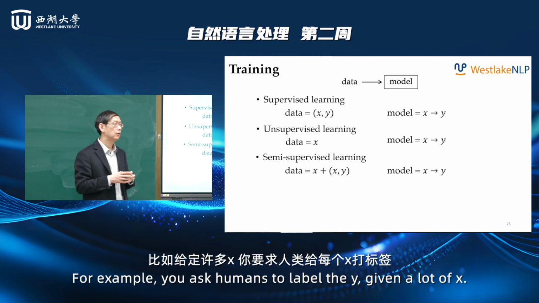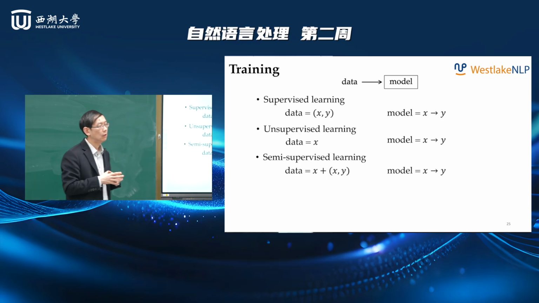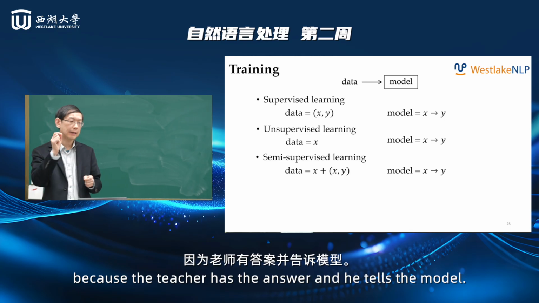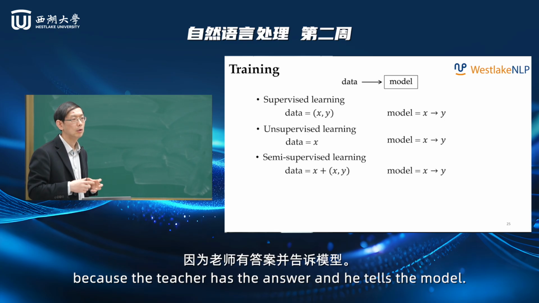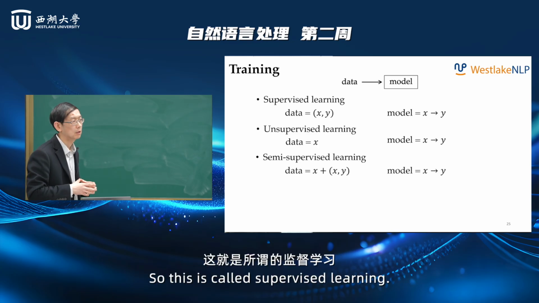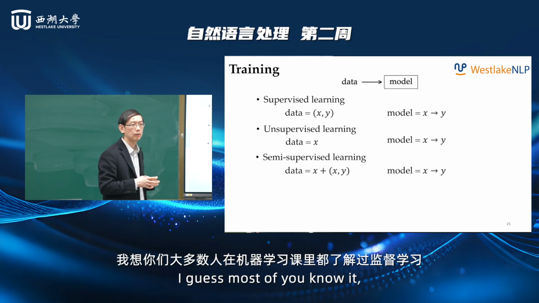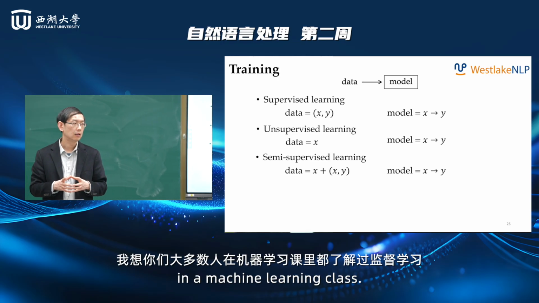For example, you ask humans to label the y's, given a lot of x. This is called supervised learning. It's like the teacher has the answer, and it tells the model, okay? So this is called supervised learning. I guess most of you know it, right? You've been in a machine learning class, right?